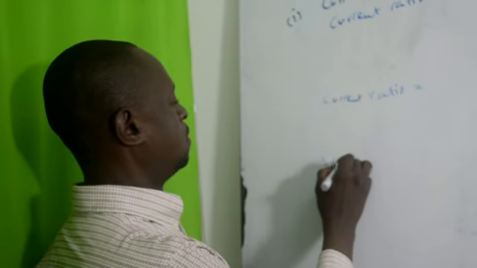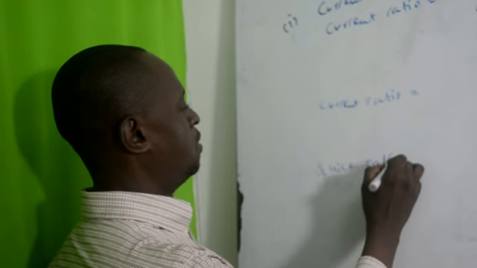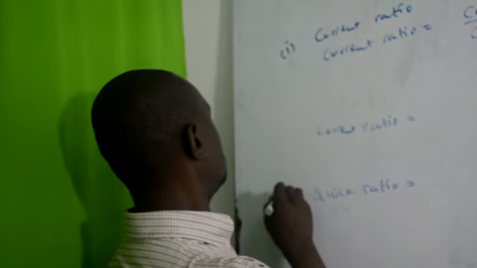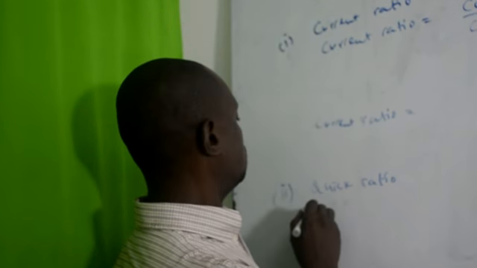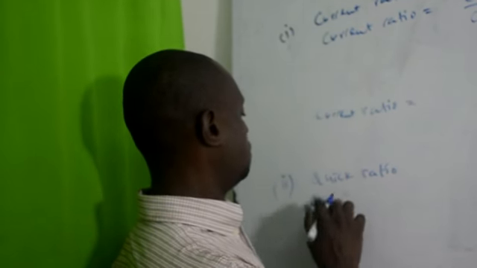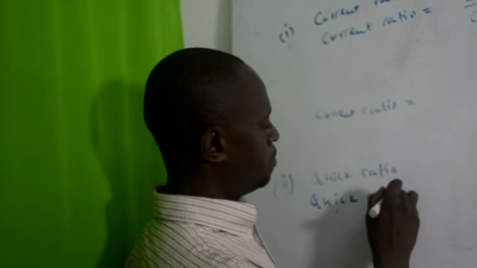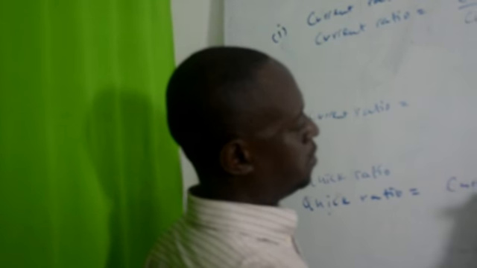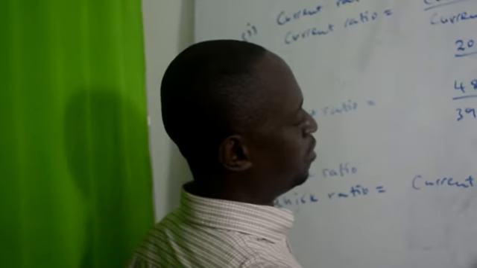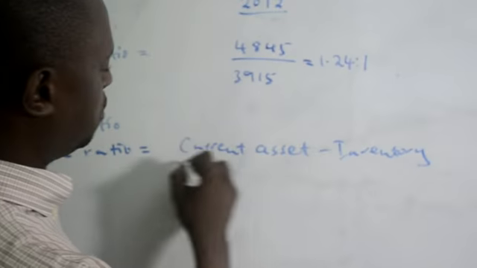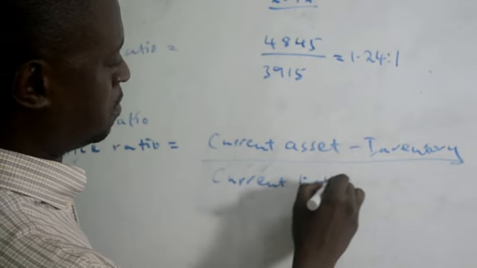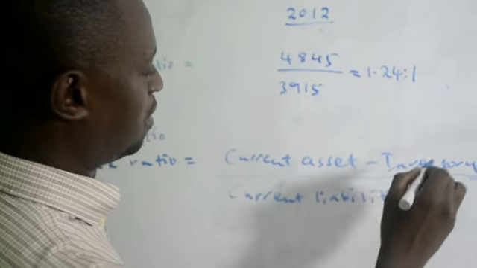Now the other one is quick ratio. So quick ratio is given by: you take your current assets minus inventory, you divide by current liabilities.